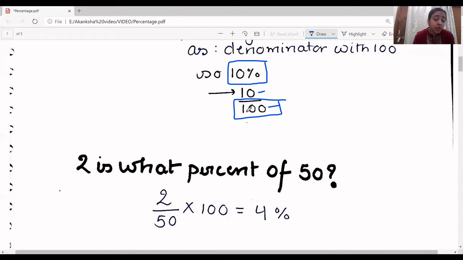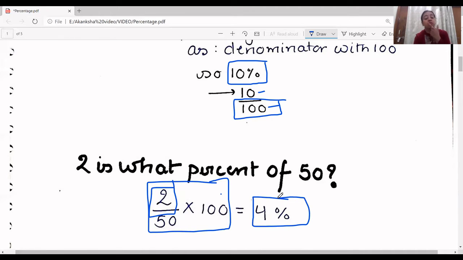So how are you going to find out that value? So 2 upon 50 into 100 will tell you 2 is what percentage of 50. When you calculate this, you get 4%.